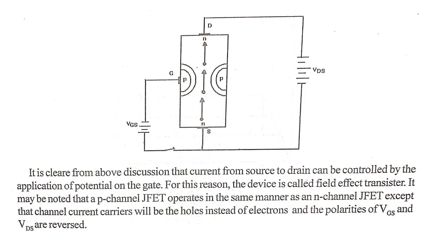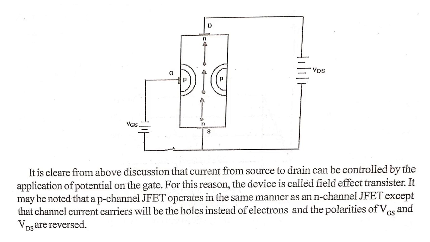In case of an n-channel JFET, the voltage between the drain and source terminal should be positive. See here, that is a positive voltage. Let this voltage VDS be applied between the drain and the source terminal.